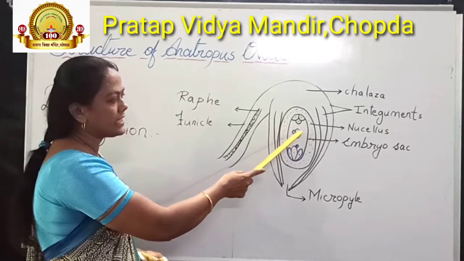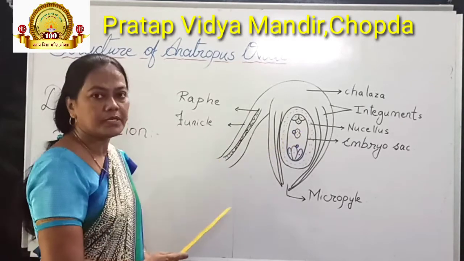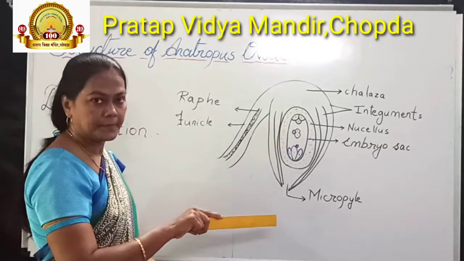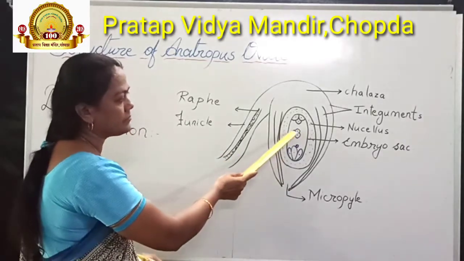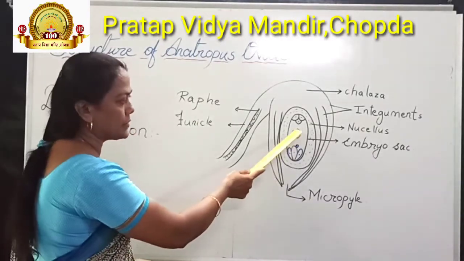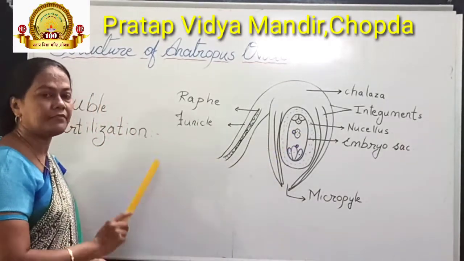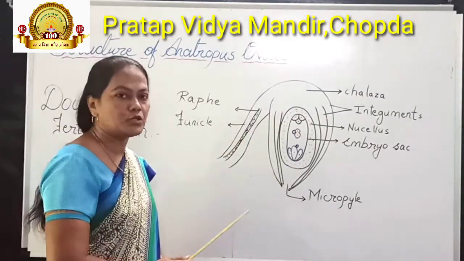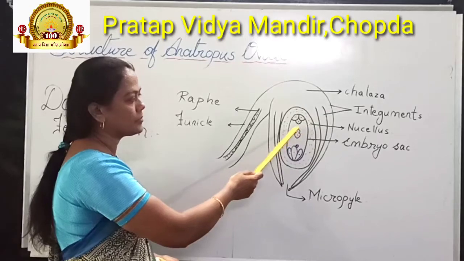When the second male gamete unites with the secondary nucleus, which is already diploid, three nuclei will combine together and form a triploid nucleus. Primary endosperm nucleus is formed in the center.